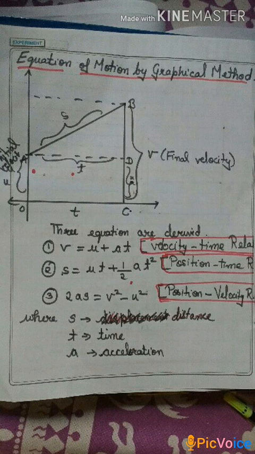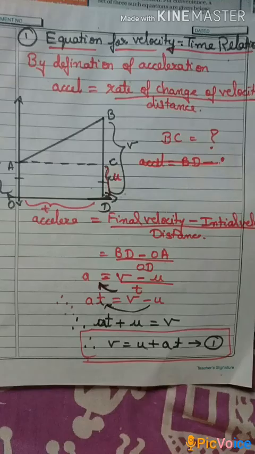Here they have considered acceleration equal to final velocity minus initial velocity divided by time. With the help of this, we can now derive the first equation by the definition of acceleration.